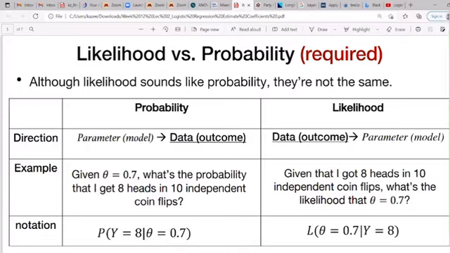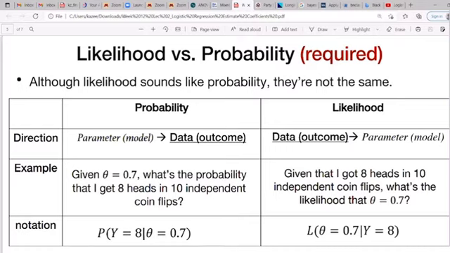A binomial distribution is a probability distribution we use to model a variable with two possible outcomes.